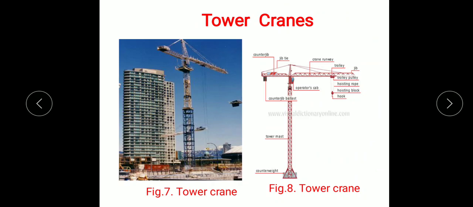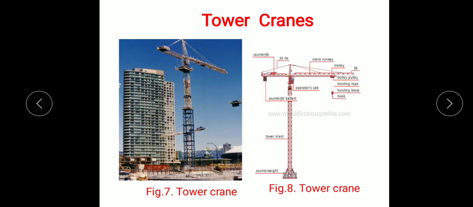Here we can see a counterweight is provided at the bottom so that the crane cannot collapse. This is a tower mast. Here we can see the operator's cabin.